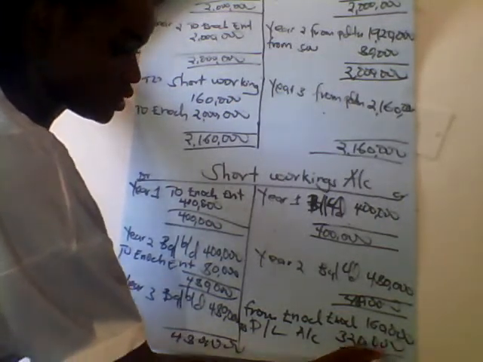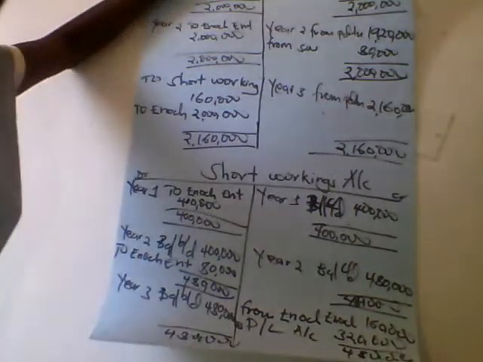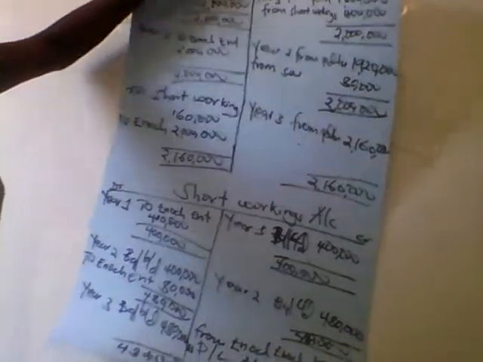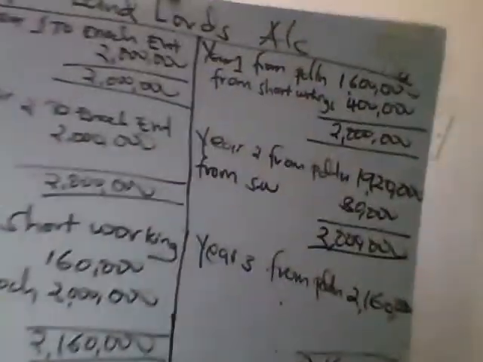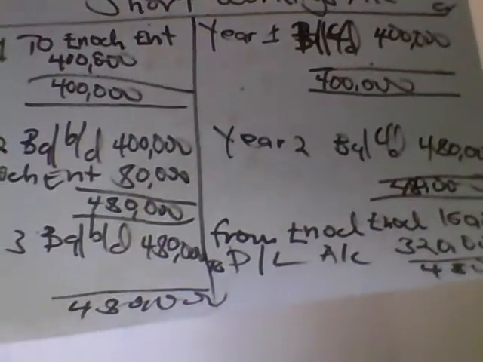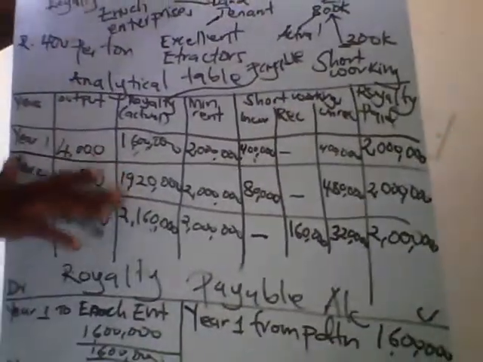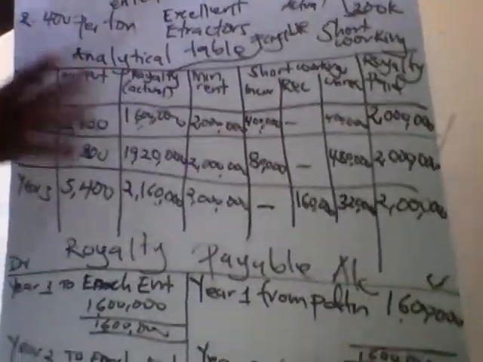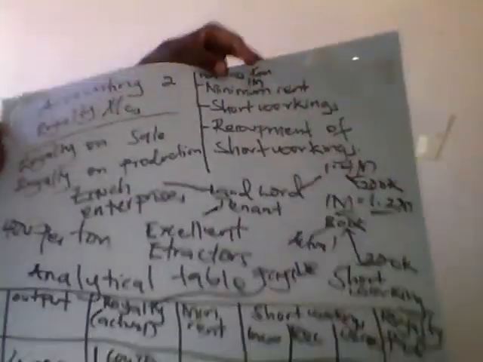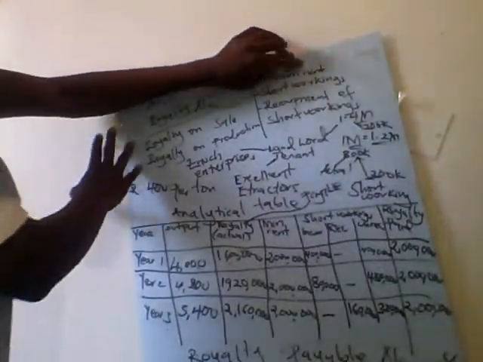Total 480. And that is all about royalty. And these are the accounts that they usually ask for. So you first draw this table to help you analyze everything, and after drawing the table, drawing the accounts becomes easy. Hope you picked something, and that is all about royalty accounts.